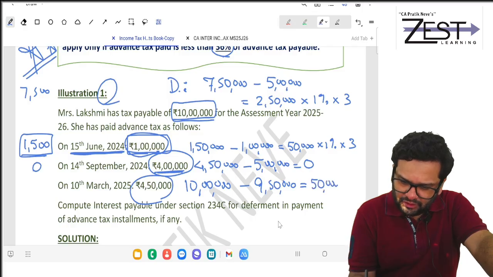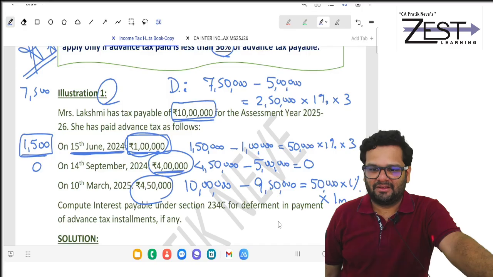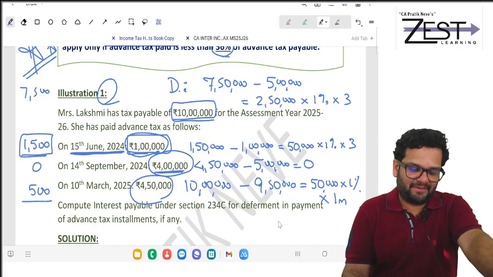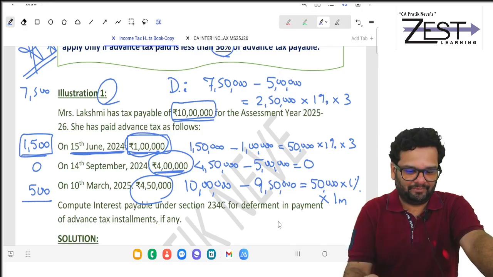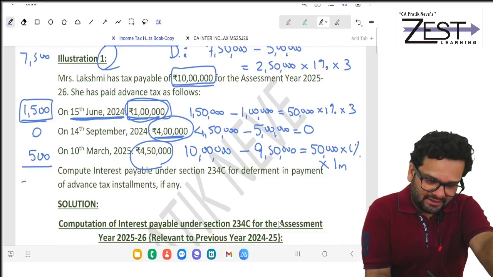So 50,000 into 1% into 1 month. 500. Calculate total interest. 9,000? Bas, that's it. That's your final answer.